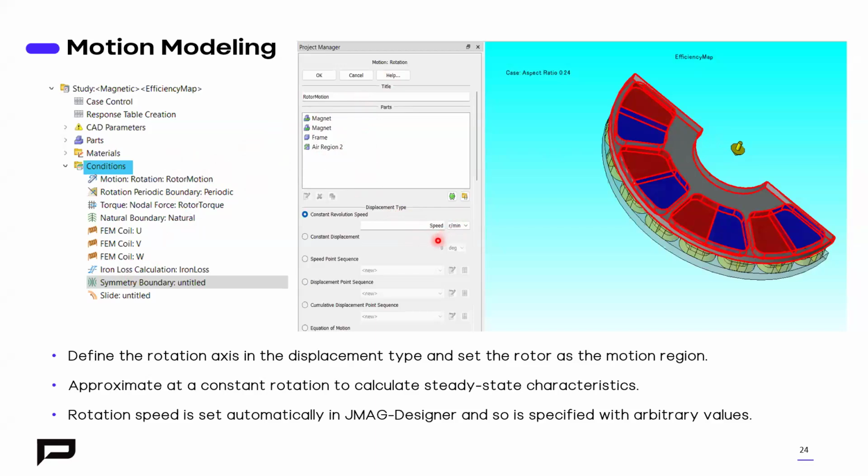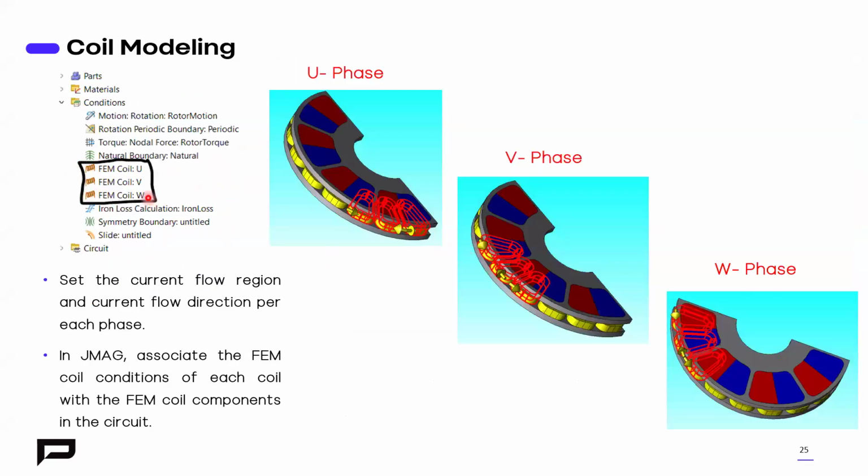After this, we go for coil modeling. Here we can set the current flow region and current flow direction for each of the phases. For the U phase, we can directly click on the FEM coil and assign the directions for each coil, and the coil modeling can be done for all three phases individually.